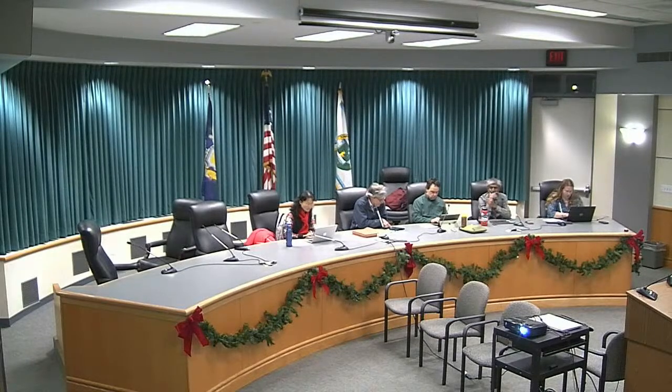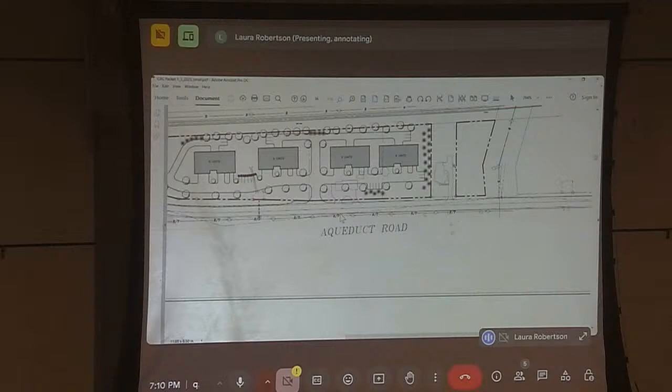So everything is forest. There's an open pond right now that you can actually see from the Mohawk Hudson Bike Hike Trail. And then there's an existing house right here, along Aqueduct Road. This is an existing house. It's very well taken care of, super cute.